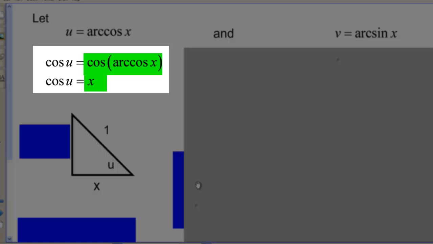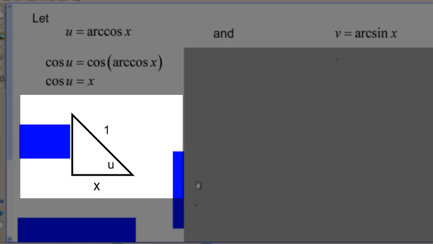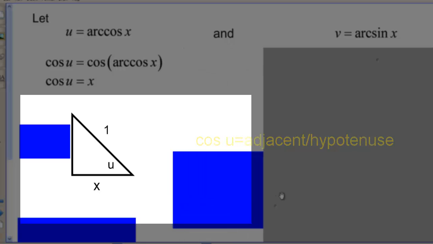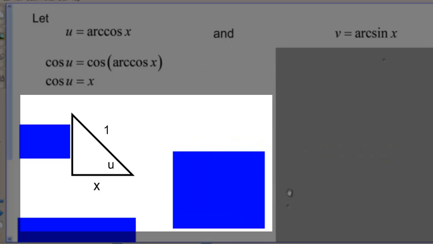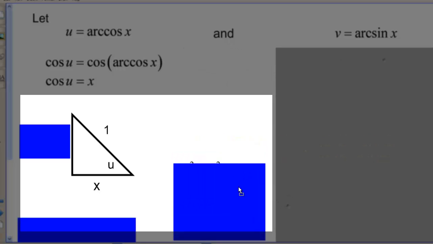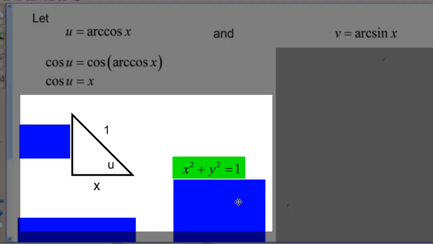So then I drew a general right triangle. If the cosine of u equals x, you can also think of it as x over 1. Then the adjacent side to u is x, and the hypotenuse is 1. What I can do next is Pythagorean theorem using general cases. So I can do x squared plus y squared equals 1.